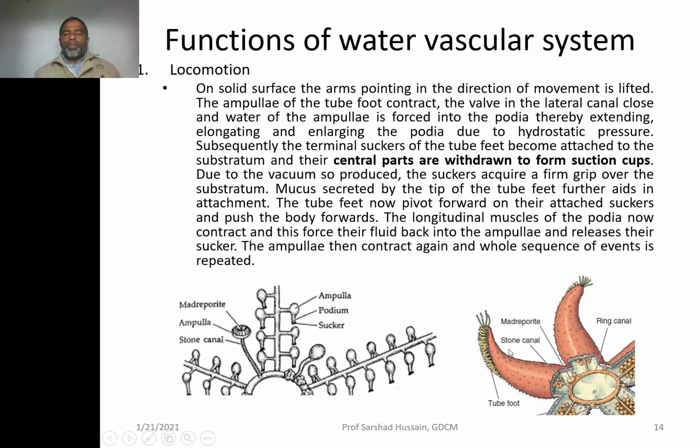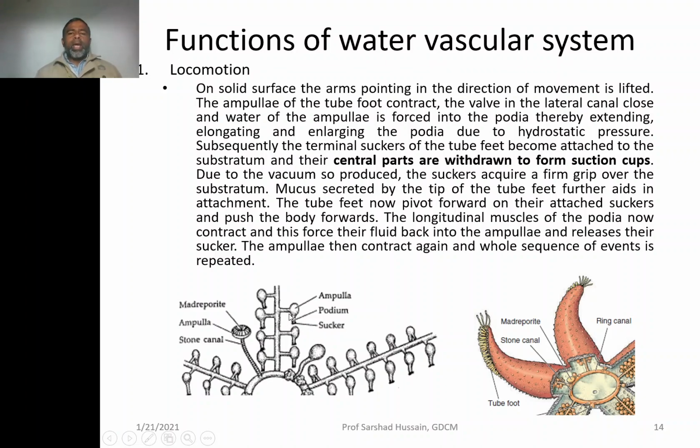What does it do? At the direction of movement, say for example, this starfish wants to move to this side. The arm is raised over there, directed upward, lifted. And then what happens?